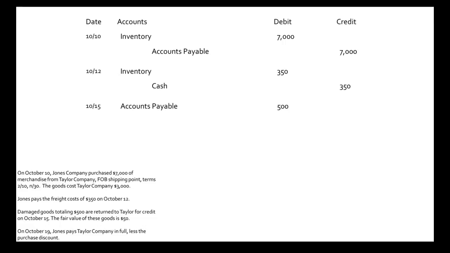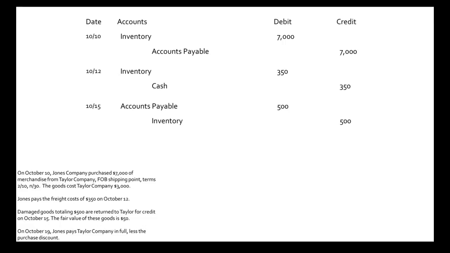Now, why is our accounts payable going down? Well, because we returned inventory, right? So our inventory is also decreasing by that $500. Now, this next piece that says that the fair value of these goods is $50. That's what Taylor Company is able to resell these damaged goods for.